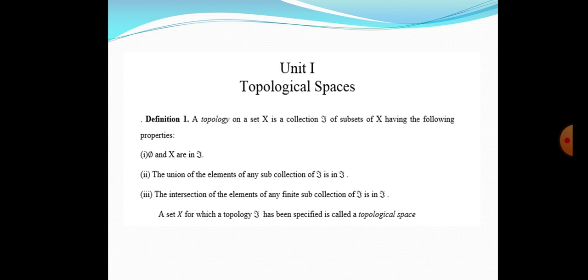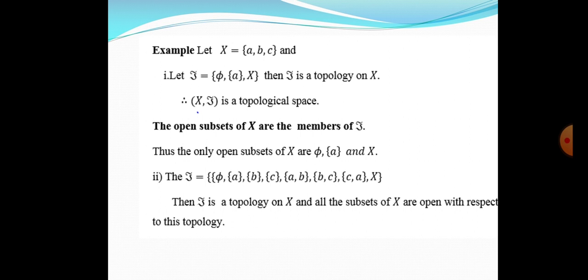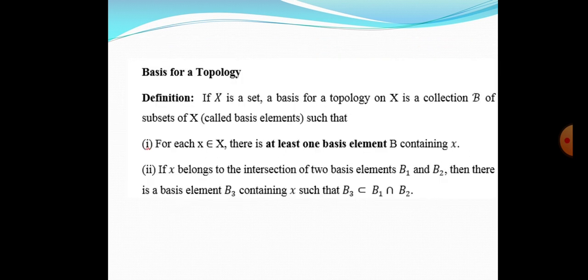The definition of basis is: if X is a set, a basis for a topology on X is a collection script B of subsets of X, called basis elements, such that for the first condition, for each small x belonging to X, there is at least one basis element capital B containing small x.